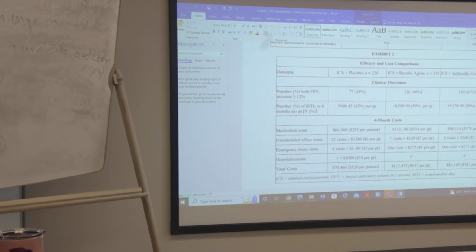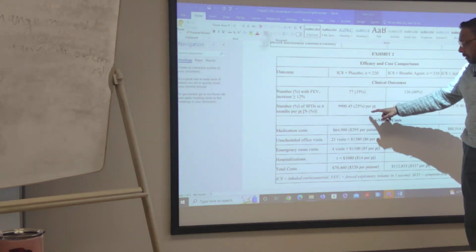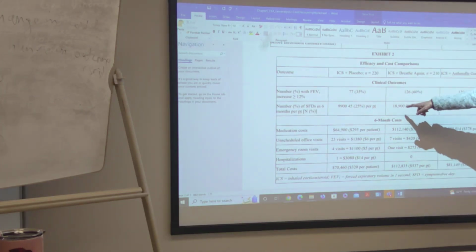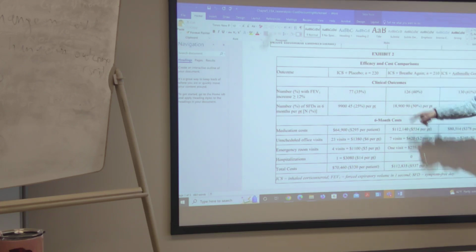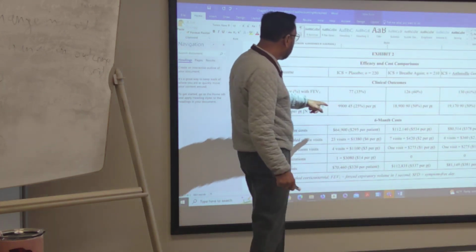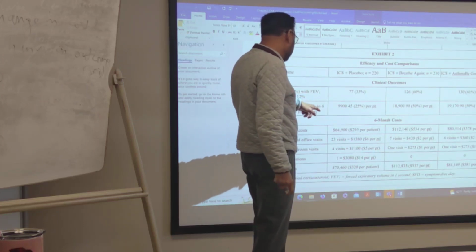And the number of asthma symptom-free days. So the first one is 9900, that's one number. 45 is the number of days per patient, and 25% change. And again, 18900 symptom-free days. You have to see how it's coming up with that, okay? How do you get 9900?